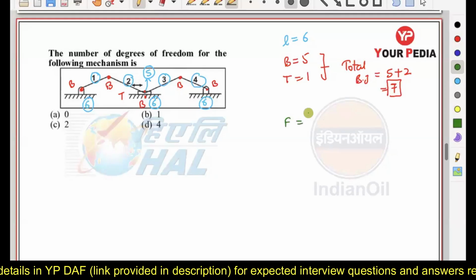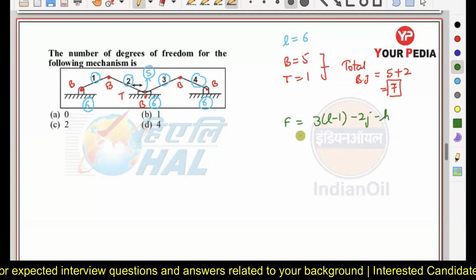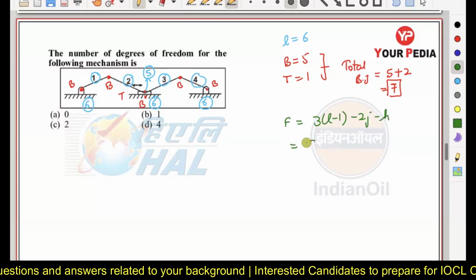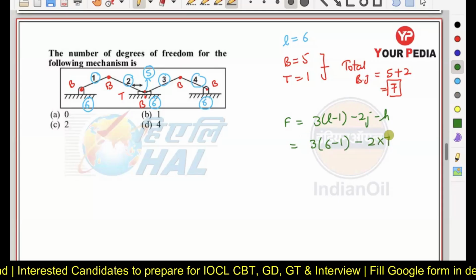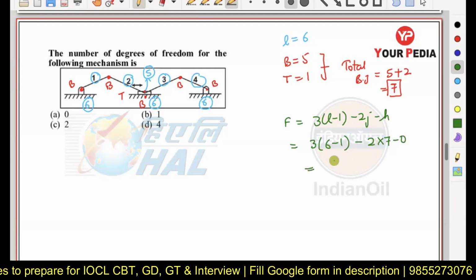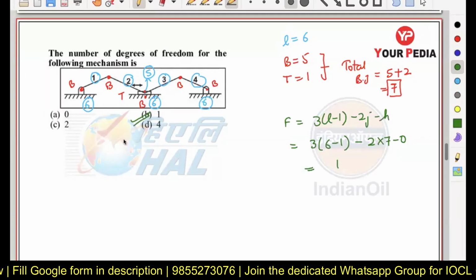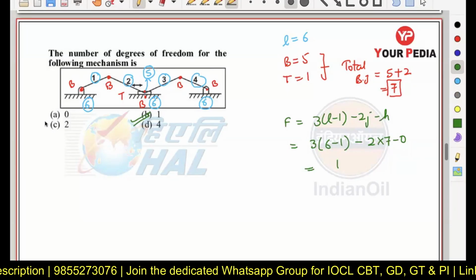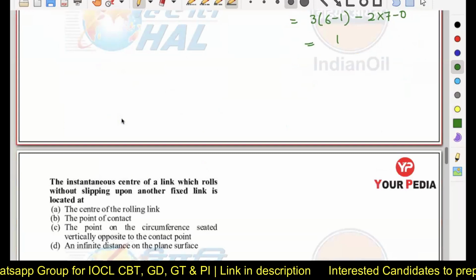Correspondingly, the degree of freedom will become 3(L minus 1) minus 2J minus H. So just put all the values and get your final answer here. And it is coming out to be option number B only. Option number B only. Next part.